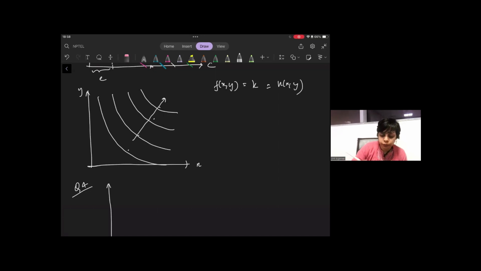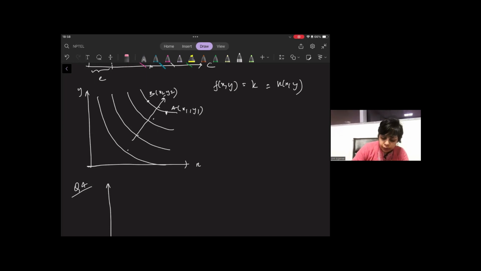What we said about convexity is that there's this bundle, say A, and this bundle B. The consumption here is X1, Y1, here it is X2, Y2.